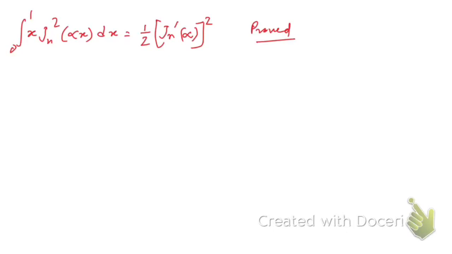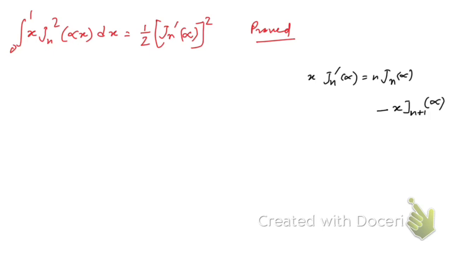Now you see, we know this recurrence formula that x Jn dash of x is equal to n Jn alpha. So here I am writing in case of alpha. Instead of x, let me write alpha. So Jn alpha minus x Jn plus 1 of alpha.